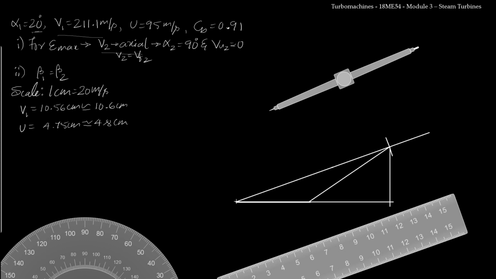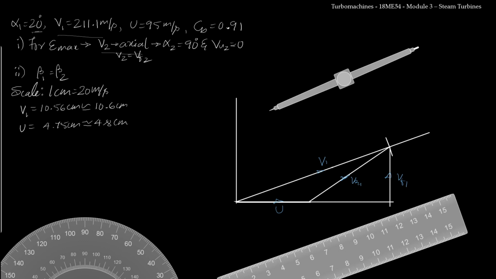Now I will name the parts. Now for the first condition, I need to satisfy that alpha 2 is 90 degree and V2 is axial. For that, what I will do is I will construct a vertical line from this point. From this end, I will draw a vertical line.